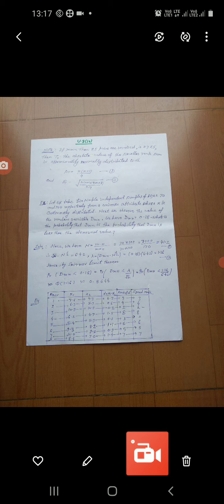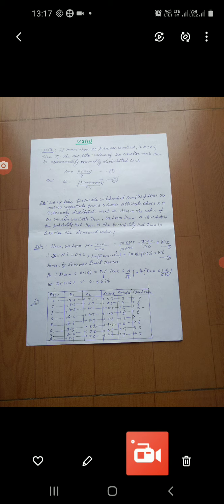Here we have two sample sizes n1 and n2, or let it be m and n. Thus here we have capital N equal to n1 into n2 upon n1 plus n2. In the same way, here n1 is equal to m and n2 is equal to n, so capital N is equal to m into n upon m plus n. Now we put the values of m and n.